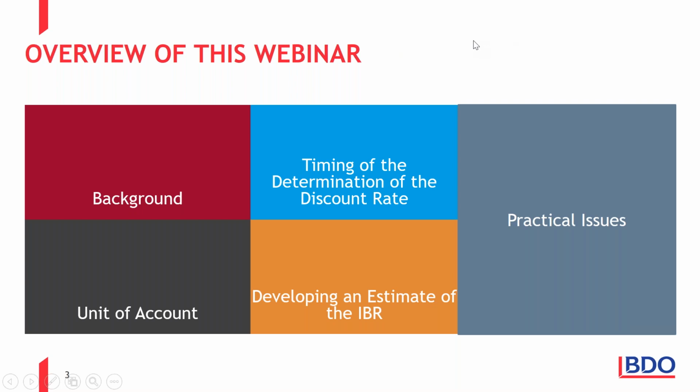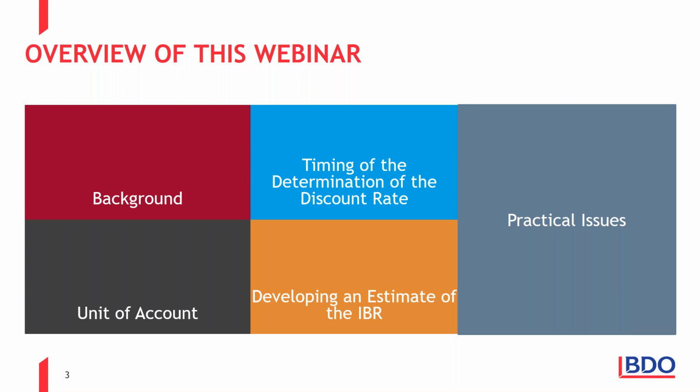So a bit of an overview of our webinar. I will start with providing a bit of background on how incremental borrowing rate links to the standard. The corporate finance partners, or one of them, I won't name names, David, did count how many times incremental borrowing rate is referred to in the standard, and apparently it's only 6 times, and then it's up to corporate finance partners to do the hard work after that. So I'll provide a bit of background, and then I'll also do a bit of a discussion around the timing of the determination of the appropriate discount rate.